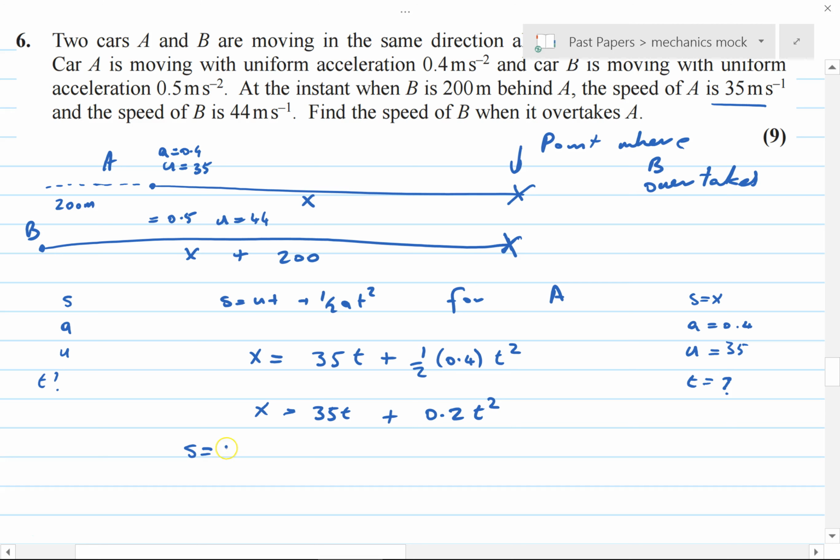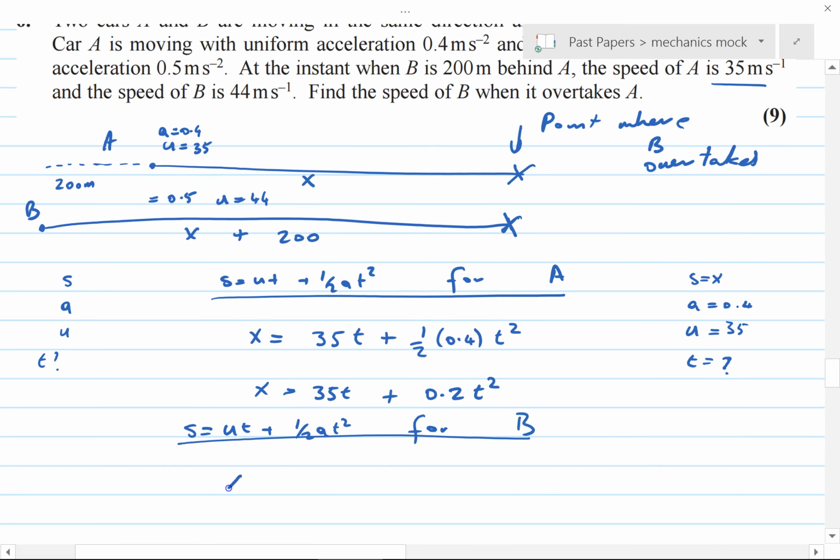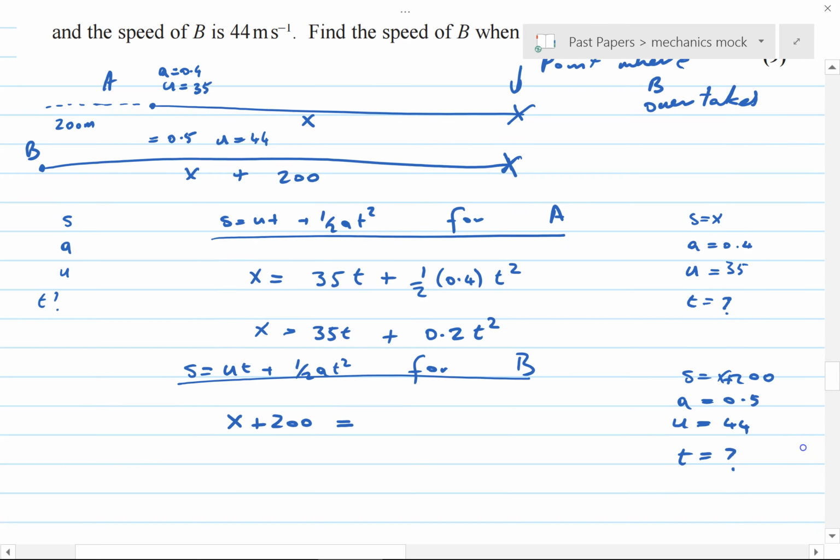Then we can apply s equals ut plus half at squared for B. Now this time it's gone a bit further. It's gone 200 meters further than A did in the same time. And we've got a equals 0.5 and u equals 44, and t is what we're trying to get an equation for.